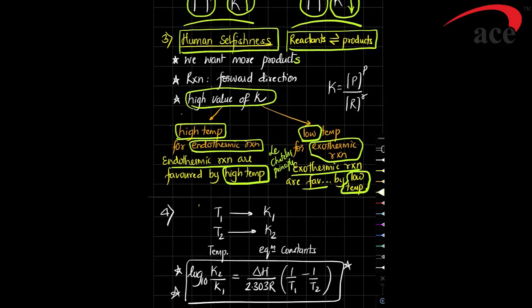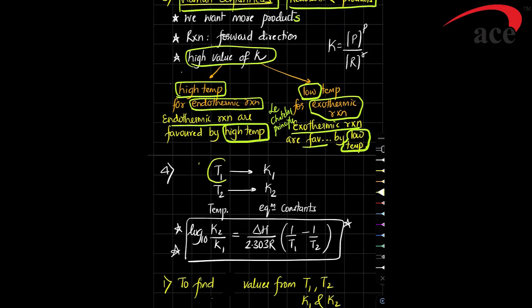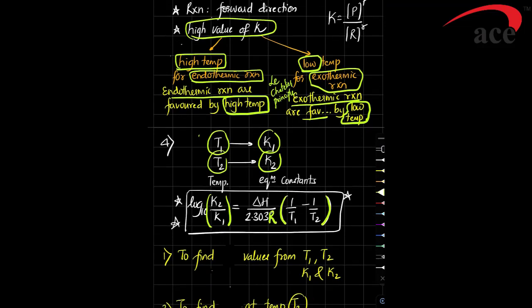One more piece of information for you. If temperature is T1, equilibrium constant is K1, and if the temperature is T2 and the equilibrium constant is K2, then log of K2 upon K1 is given by the formula delta H upon 2.303 R times (1 upon T1 minus 1 upon T2).